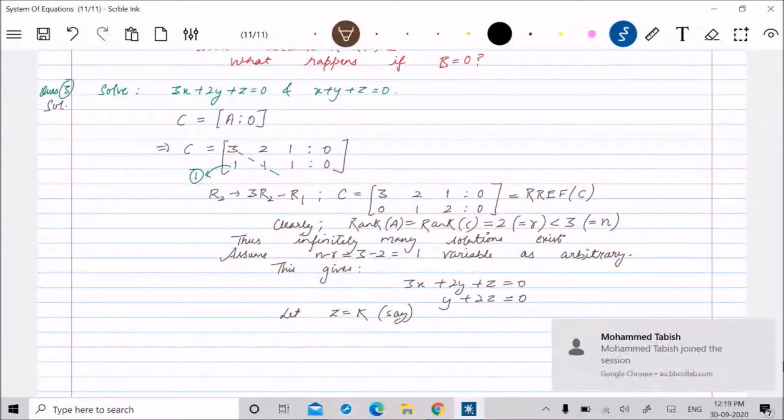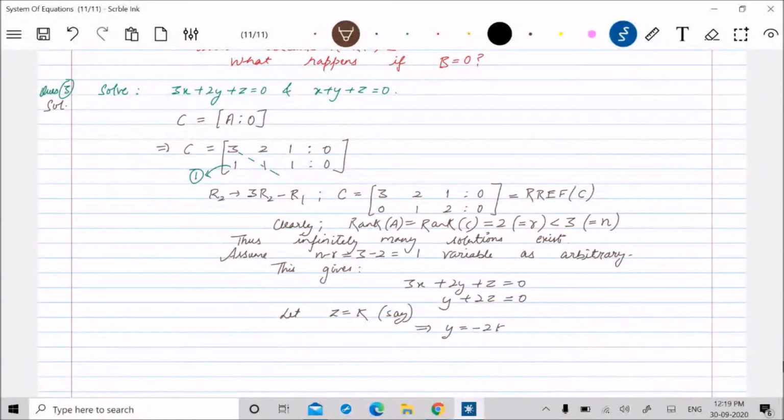That will give me y is equal to minus 2k, and if I put that here, then I will get 3x is minus 4k plus k, that will be minus 3k. So x equal to k, I think, yeah, x equal to k. So these are the values of x, y, and z. Thus x equal to k, y equal to minus 2k, and z equal to k is the solution.